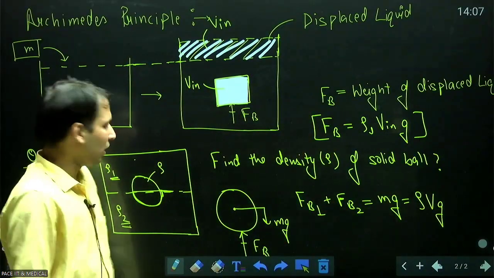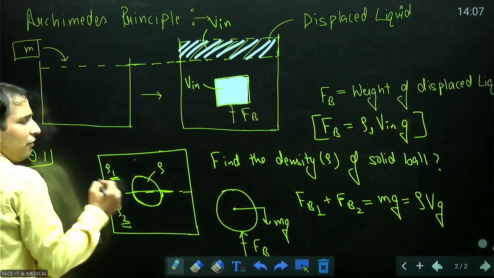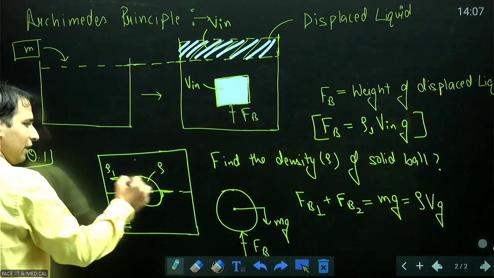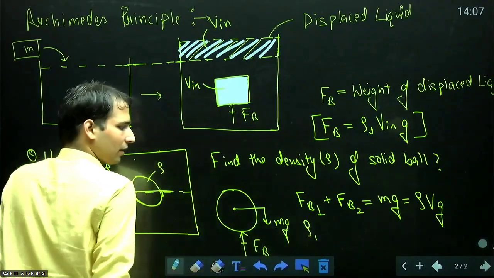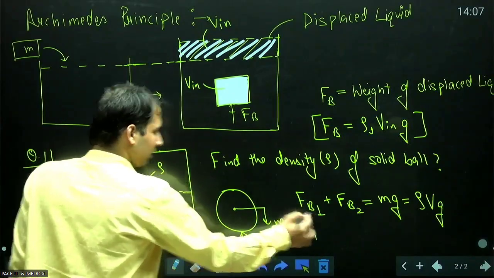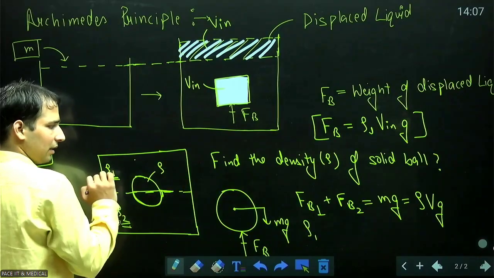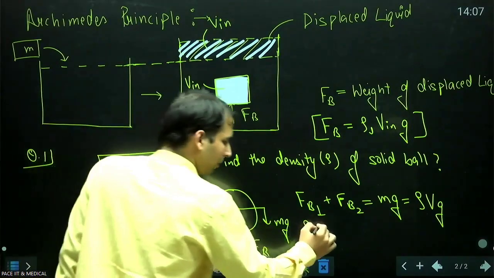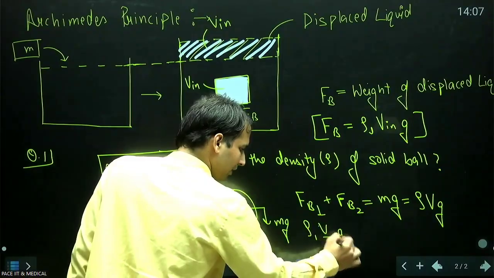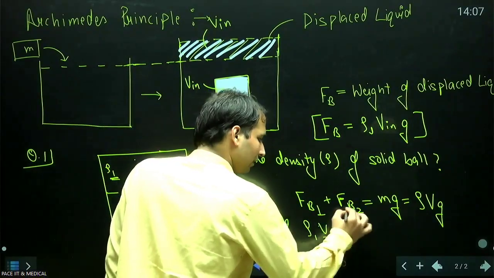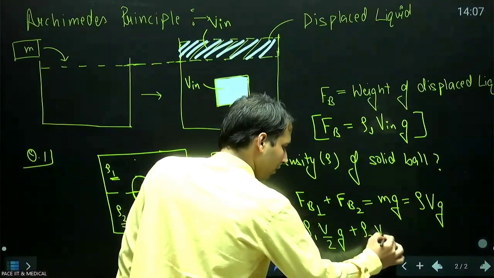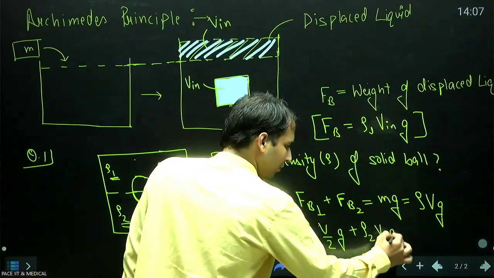Now let's write the buoyant force due to liquid 1. We know the buoyant force is density of liquid times volume inside liquid 1. Half of the volume is inside liquid 1, so it will be ρ1 times half of the volume times g. This will be the buoyant force due to liquid 1. Similarly, due to liquid 2, the buoyant force will be ρ2 times volume inside times g.